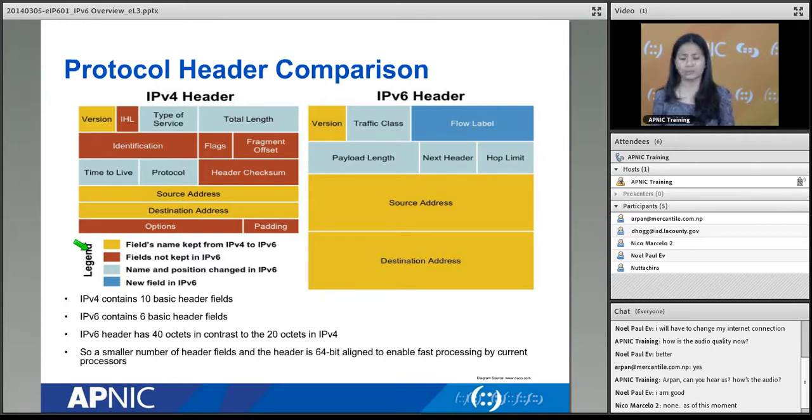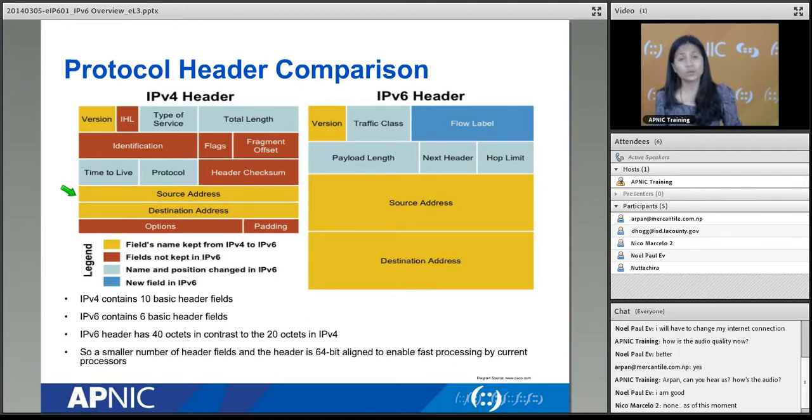And version is included there. Version in IPv4 has 4 bits, of course, that contains 0100 for 4, and then for IPv6 it contains the binary value of 6. For source and destination addresses, it's also the same.